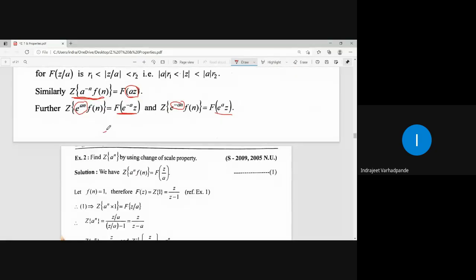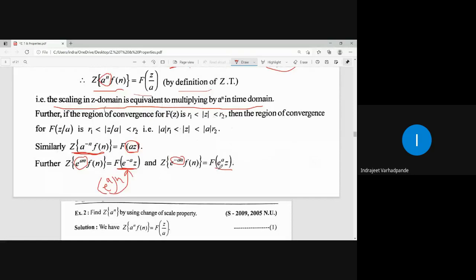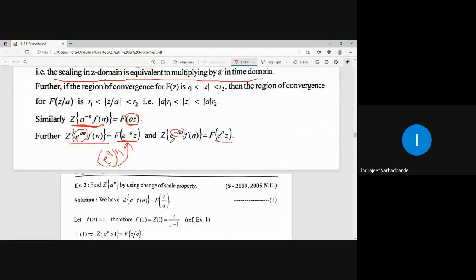Simple. e to the power an can be written as e to the power a whole to the power n. So in place of a, what do we put? e to the power a. In place of a, what negative do we put? e to the power minus a. So accordingly, these are the two results which can be deduced from this particular result or expression.